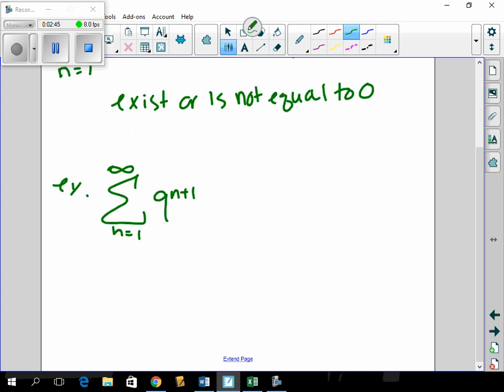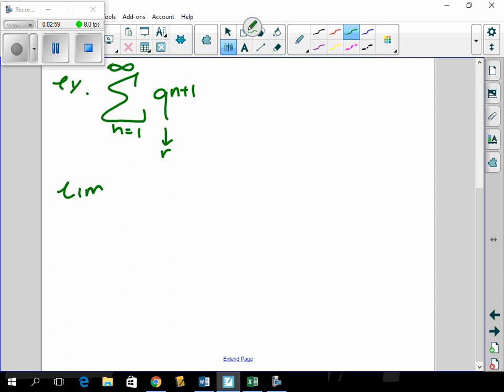We know this is a geometric series. We know that 9 is our ratio, and since it's greater than 1, it's going to diverge. But let's use the limit test to look at our terms. The limit as n approaches infinity of 9 to the n plus 1: if I plug in, in air quotes, infinity, I'm going to get something that looks like 9 to the infinity power.